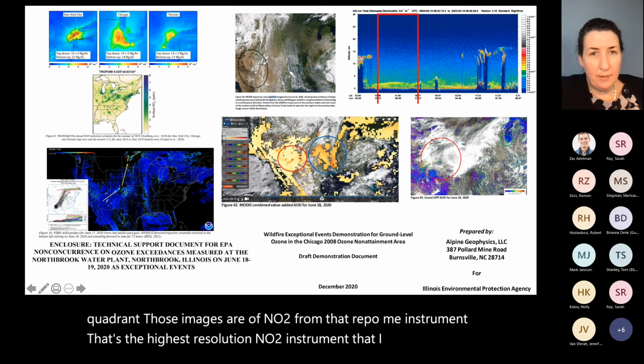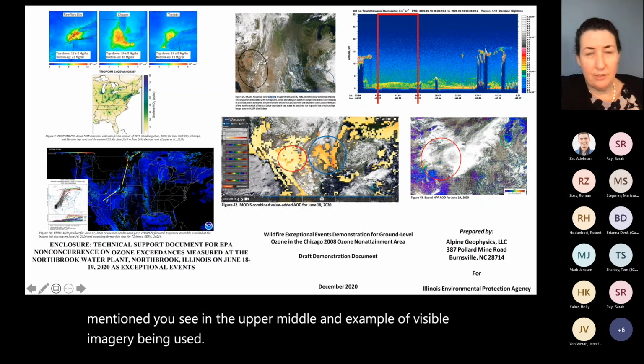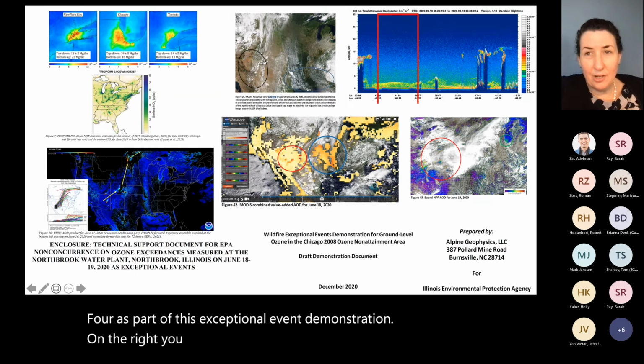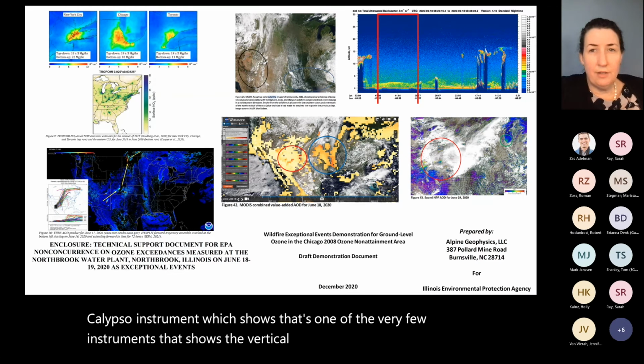You see in the upper middle an example of visible imagery being used as part of this exceptional event demonstration. On the right, you see aerosol optical characteristics from the CALIPSO instrument, one of the very few instruments that shows the vertical distribution of particles in the atmosphere.